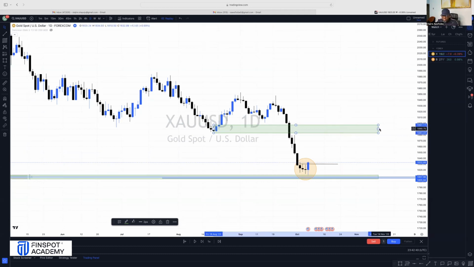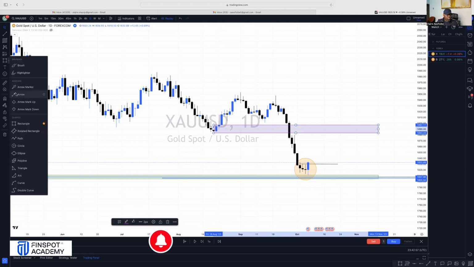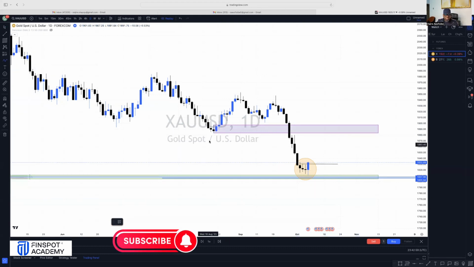Now, what am I saying? Let me just change the color here to purple so I can distinguish it from the previous one I showed you guys. Now, this purple zone that I'm marking out was supposed to be a point where price should respect.